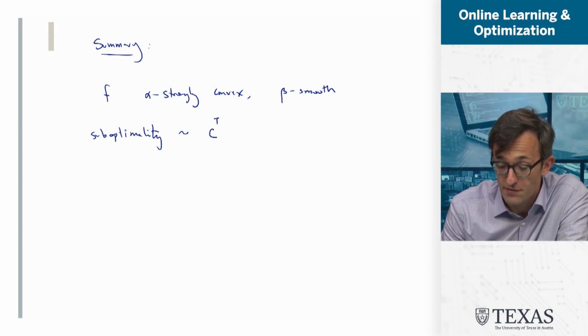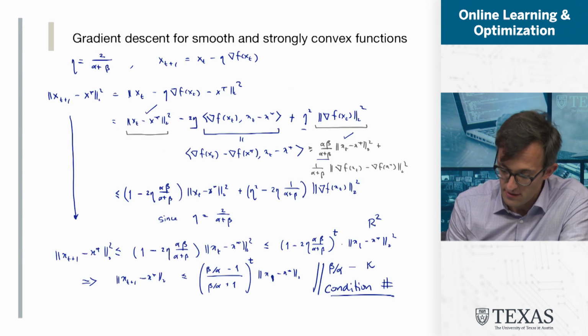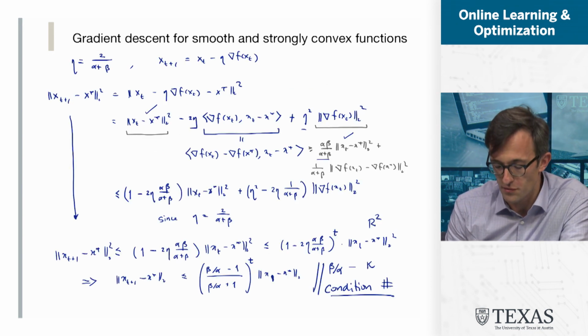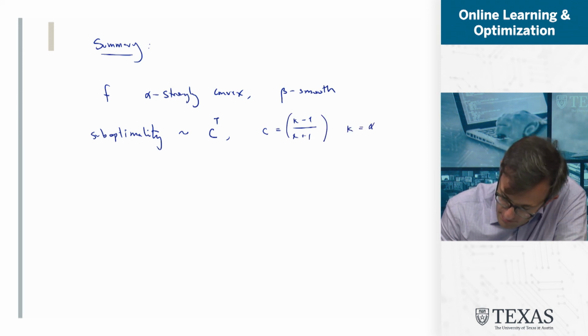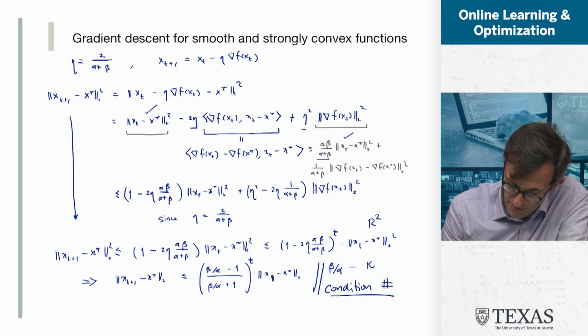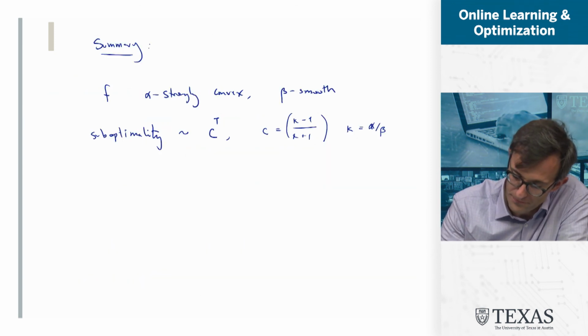This constant is less than 1, so it decays very, very quickly. What is that constant? It's exactly what we've derived here. So c is equal to kappa minus 1 over kappa plus 1, where kappa is equal to alpha over beta. Oops, beta over alpha.